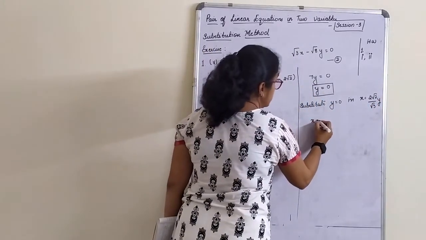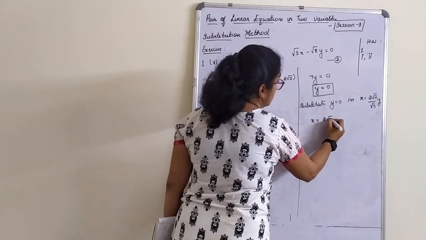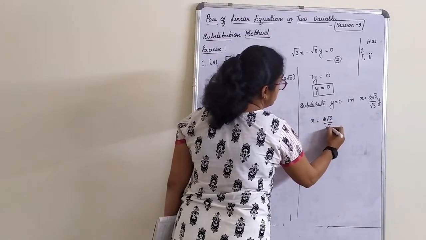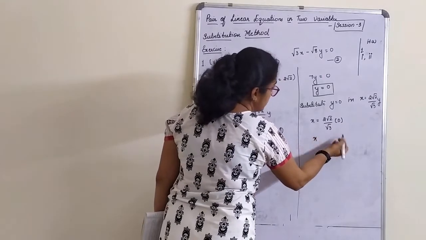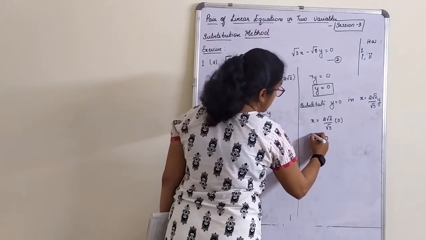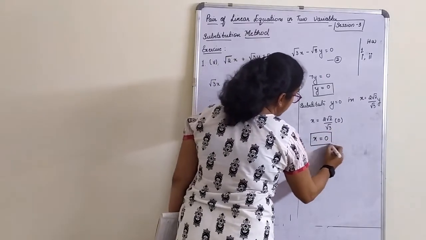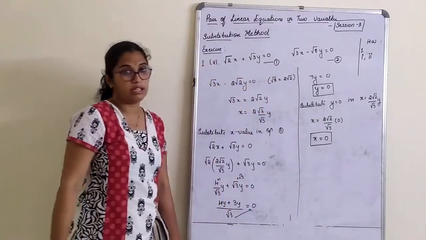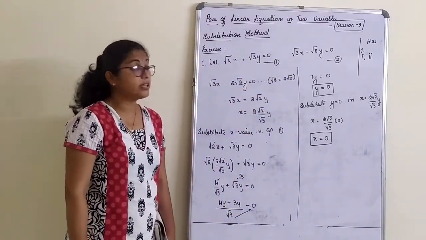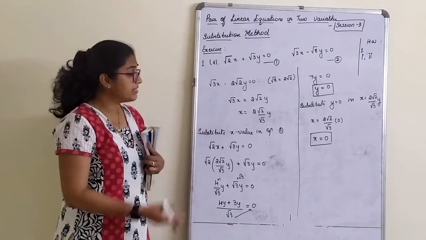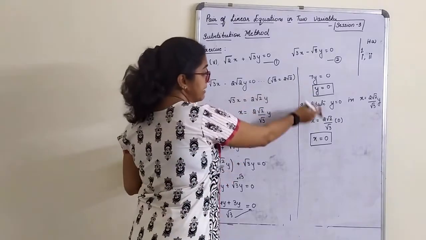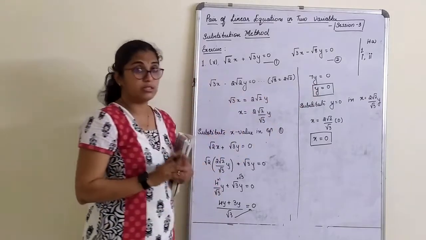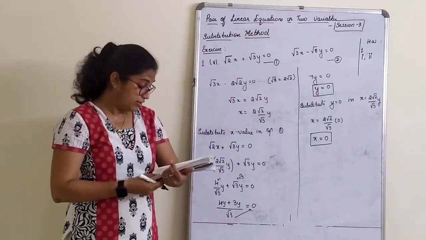So x is equal to 2 root 2 divided by root 3 into 0. What is it? 0 into any term is 0. X is equal to 0 and y is also equal to 0. So the answers are both 0 here. If you check the whole question, the last answers are highlighted. Always put them in a box. Do that. So this is how we do it.